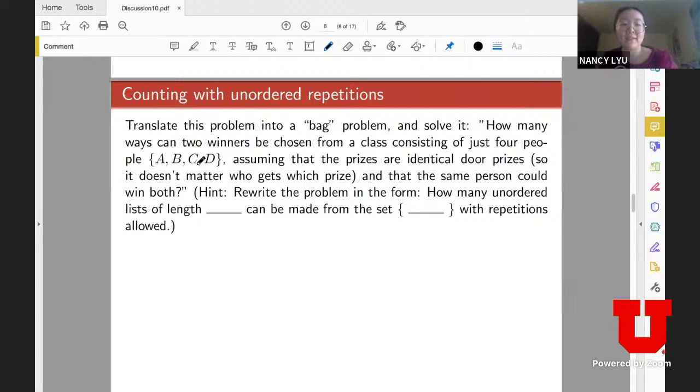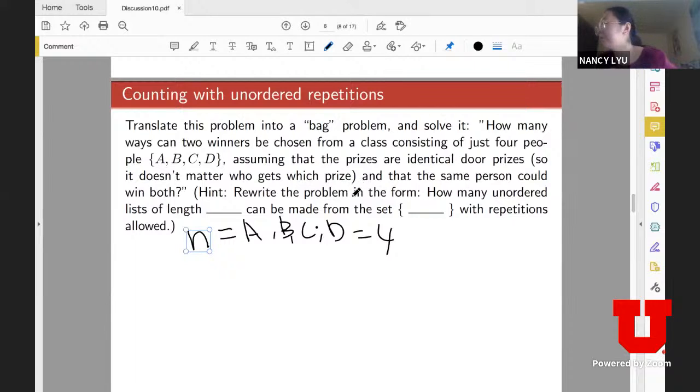So we have A, B, C, D, which means our N equals 4, and we want to choose 2, so our R is 2.